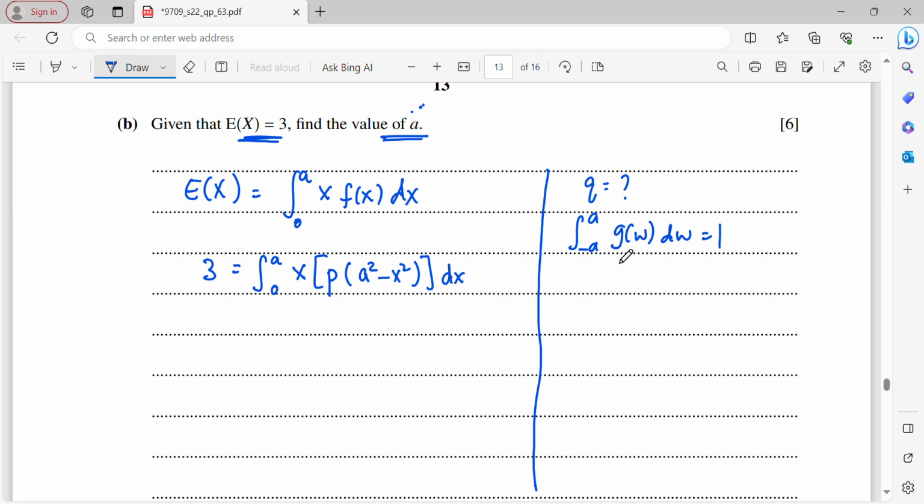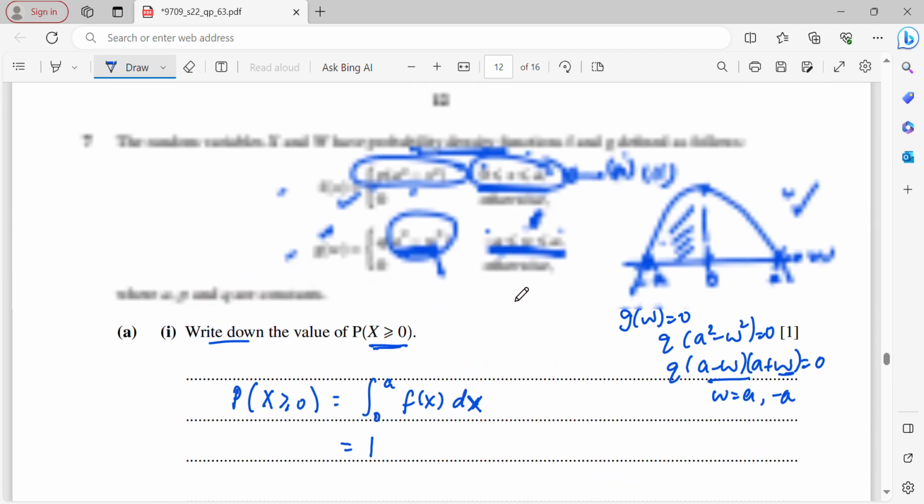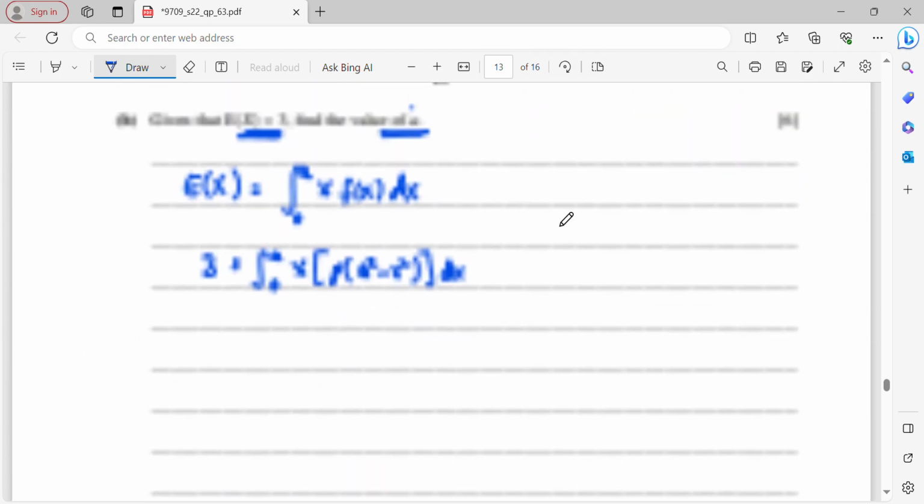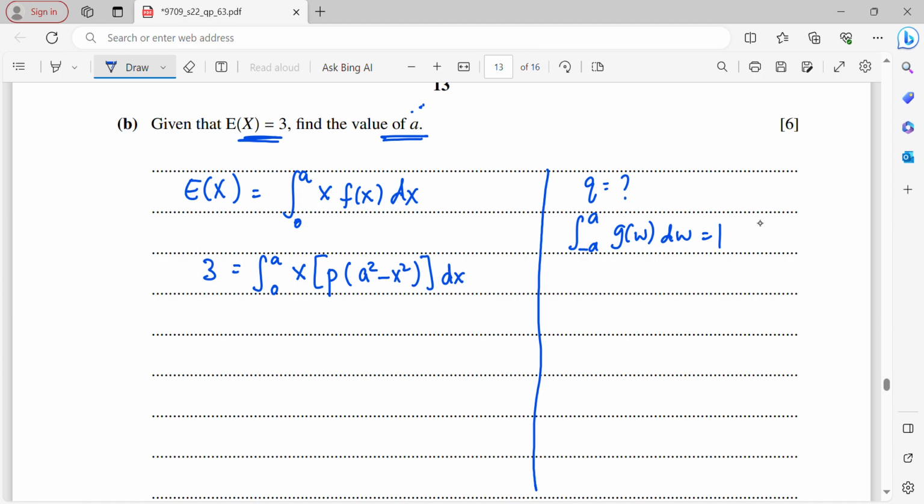So now, when you look at the G(W), it will be Q times (a squared minus W squared), whereby the W is defined from minus a to a. So now, since the Q is a constant, I will take out the Q, then I integrate from minus a to a of (a squared minus W squared) dW is 1.